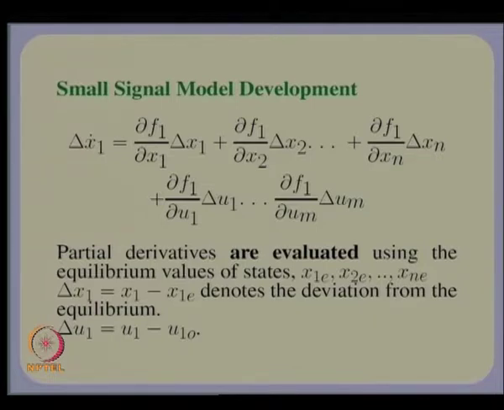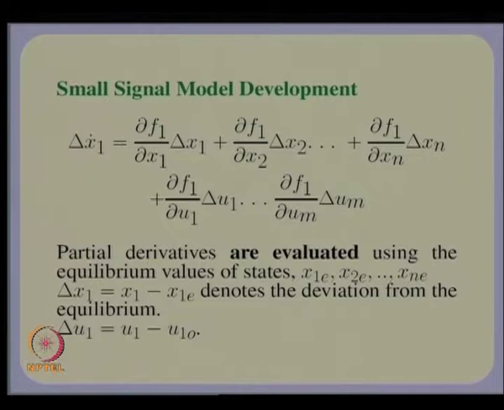Okay. So, what eventually you need to do is obtain the partial derivatives of f1 with respect to the states x1, x2 to xn as well as the inputs u1 to um. Now, remember that these partial derivatives are evaluated using the equilibrium values of the states. So, these partial derivatives are essentially constants.